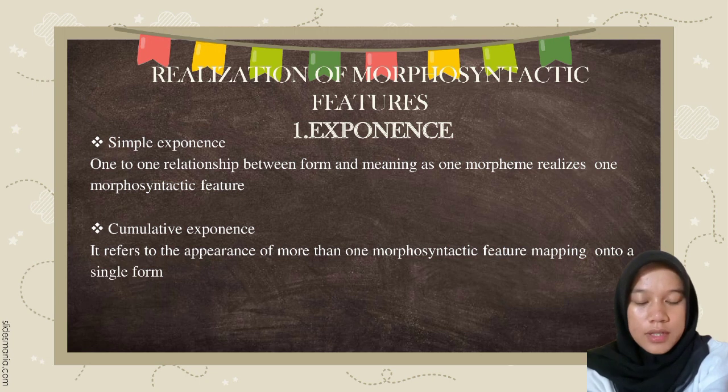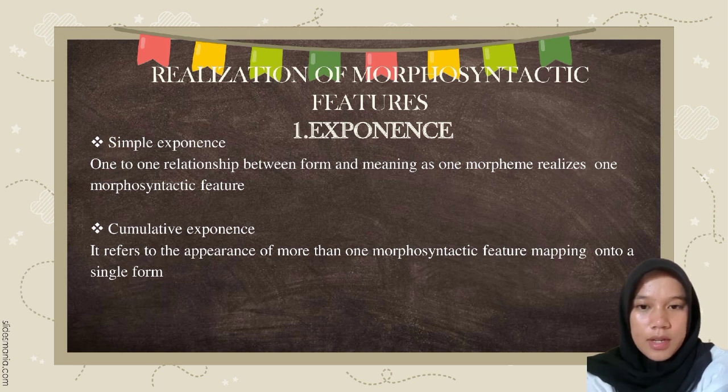Realization of morphosyntactic features, 1. Exponent. Simple exponent: a one-to-one relationship between form and meaning, as one morpheme realizes one morphosyntactic feature. Cumulative exponent: it refers to the occurrence of more than one morphosyntactic feature mapping onto a single form.